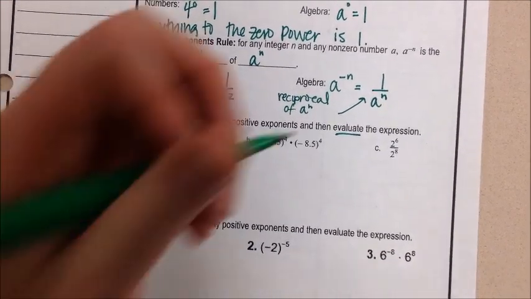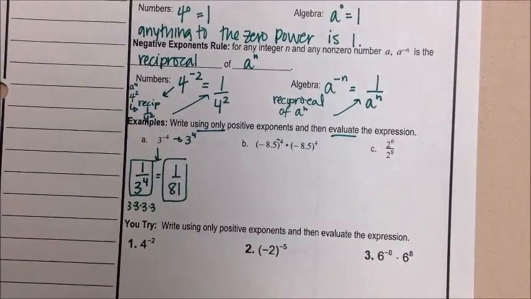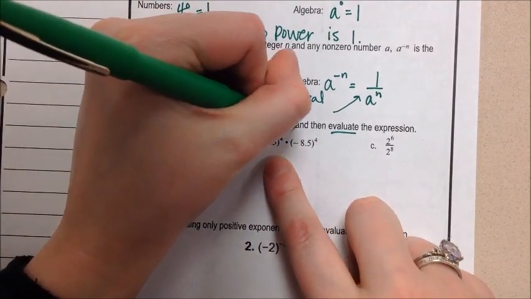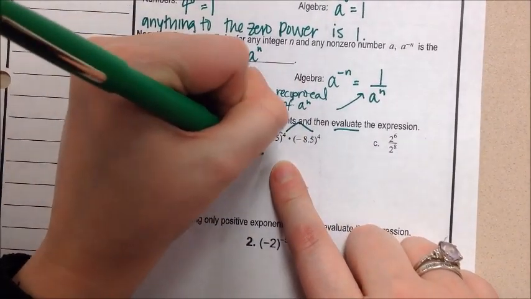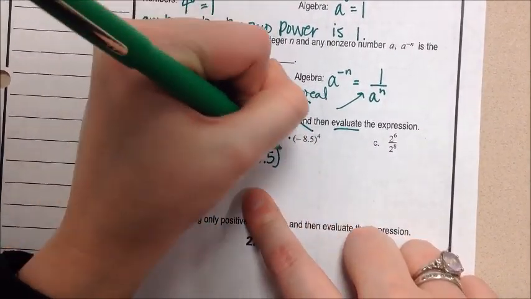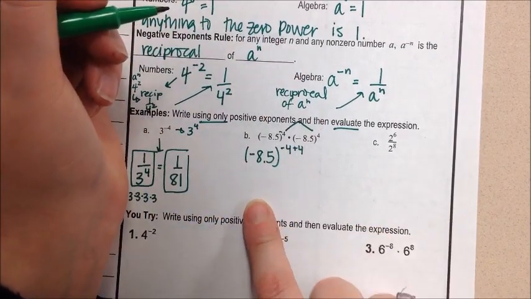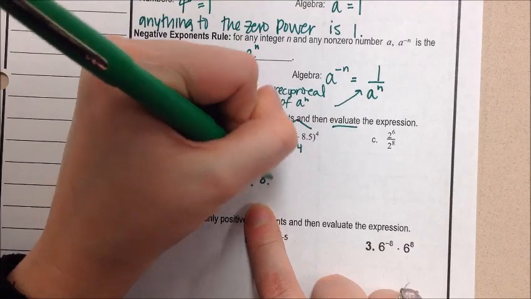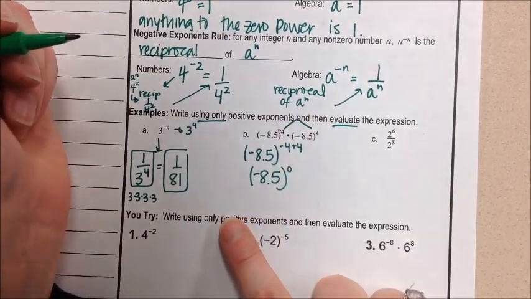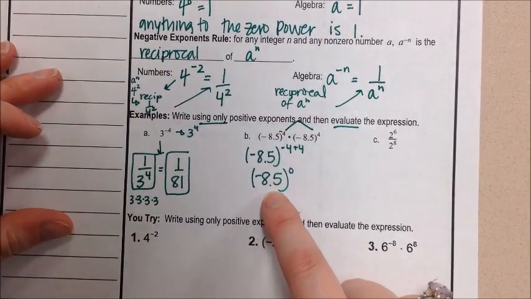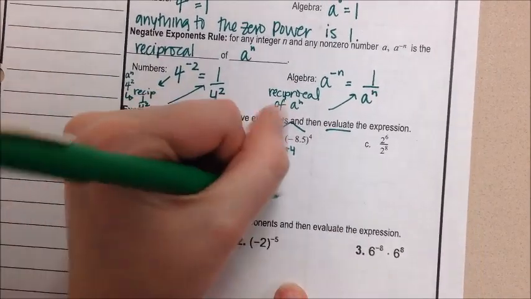It doesn't really matter which one you do, but I wanted to make sure before I changed it. So that's supposed to be negative. If I do that, I add negative 4 plus 4, so negative 8.5 to the negative 4 plus 4. Well, negative 4 plus 4 is 0, so negative 8.5 to the 0 is just 1, because anything to the 0 power is just 1.